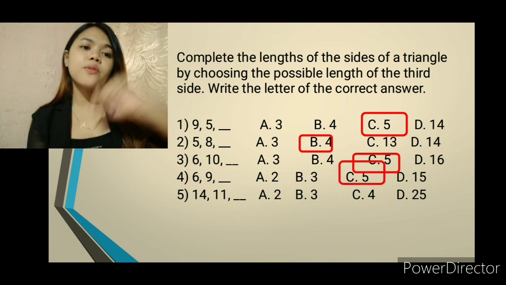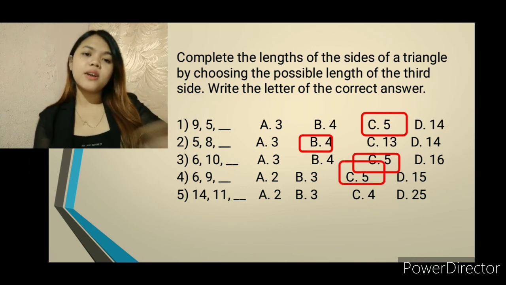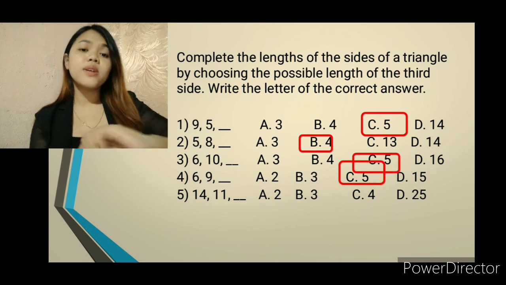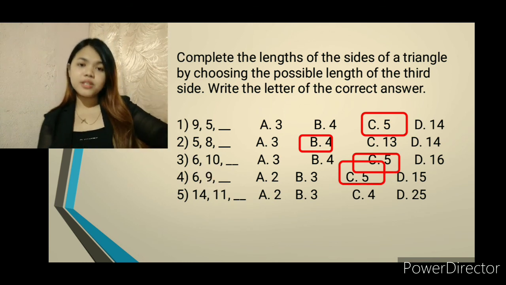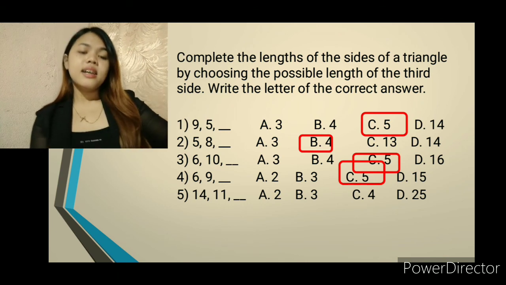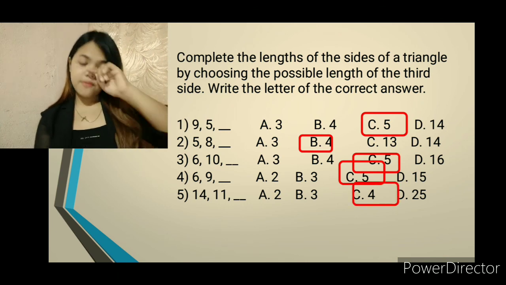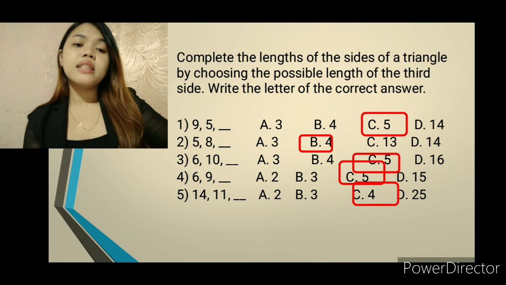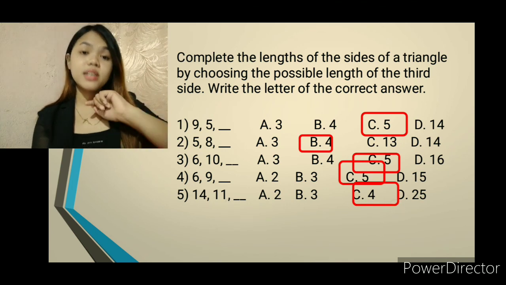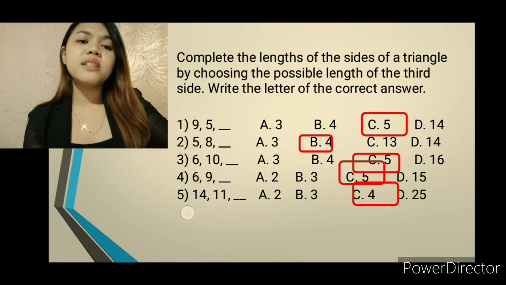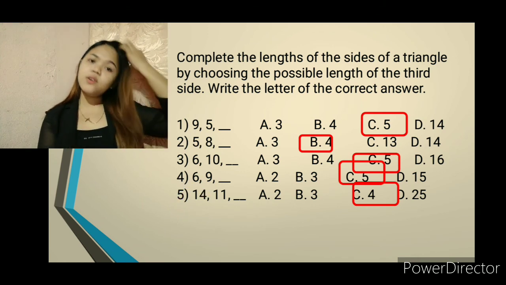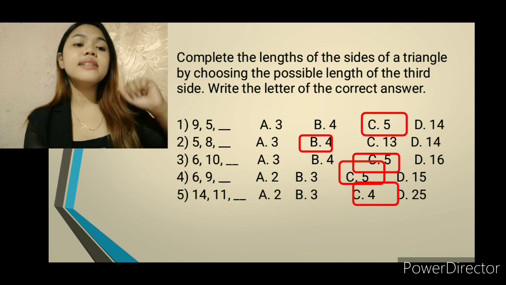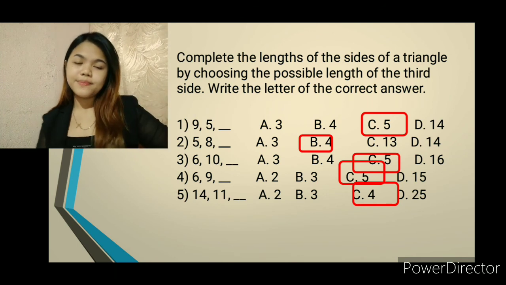So number 4, you have 5, because 6 plus 5 equals 11, and 11 is greater than the third side, which is 9. And number 5, we have 4, because 11 plus 4 equals 15, and 15 is greater than the third side, which is 14. So that's why the answer is letter C.